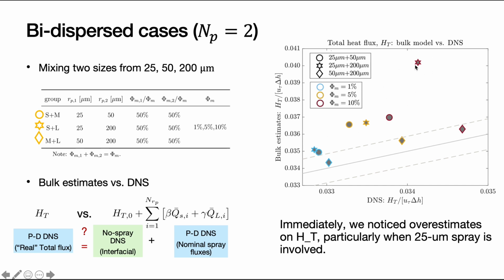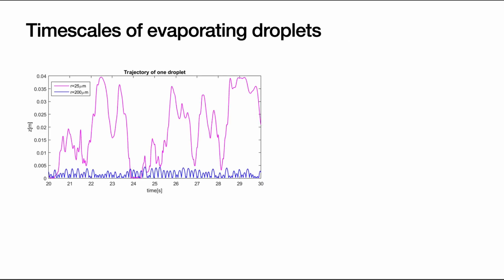And as I mentioned earlier, when I was selecting the sizes of these three, they have very different distributions in terms of the residence time. As you can see here, what I plotted is a trajectory in the z direction of two sizes. The magenta one represents 25 microns, and for the 200 one, you can see those are ballistic motions of the heavier one.